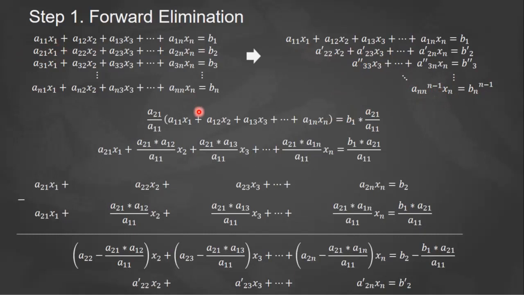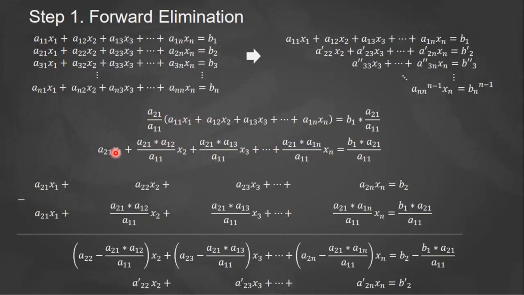First, we multiply the first equation by a sub 2 1 divided by a sub 1 1. In that way we'll have this equation.